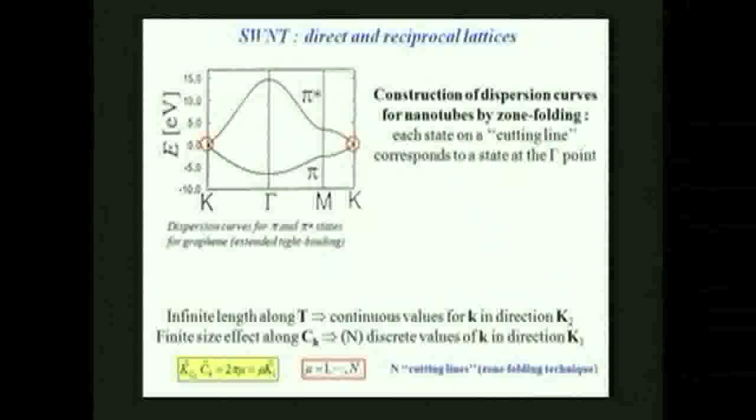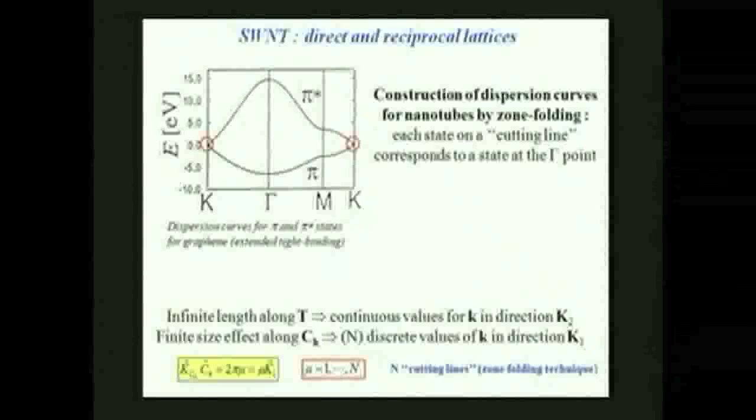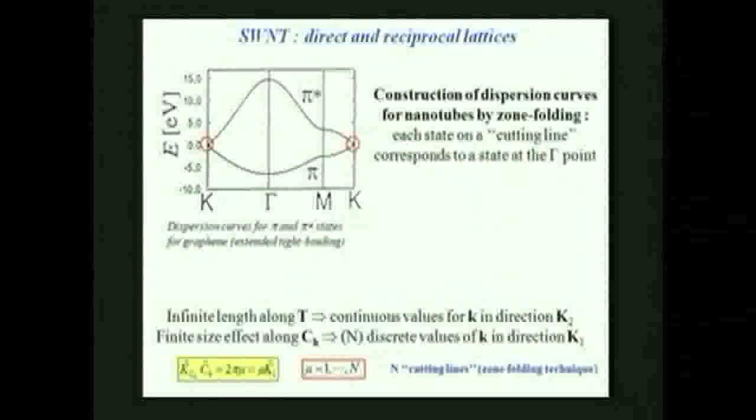But there is another option. When you cut these dispersion curves with the allowed wave vectors of nanotubes, maybe you will not go through the K point. If you don't go through the K point, you will never have an allowed state at the Fermi level. And if you have no allowed state at the Fermi level, your crystal, your nanotube, will be semiconducting.